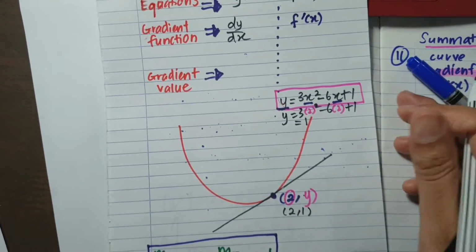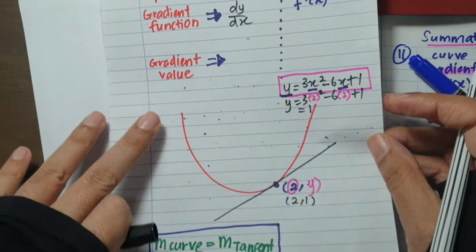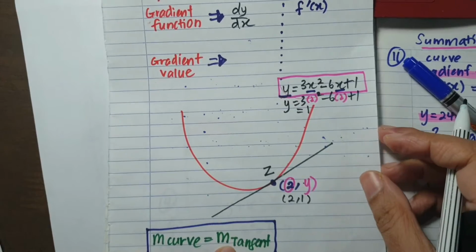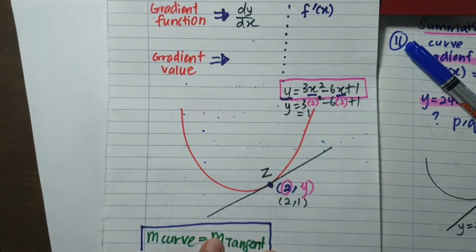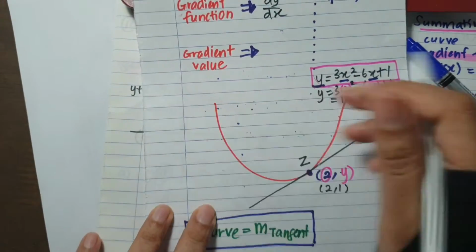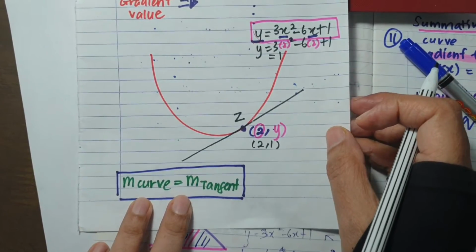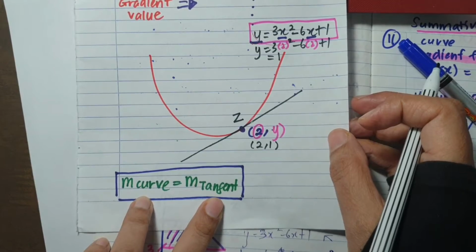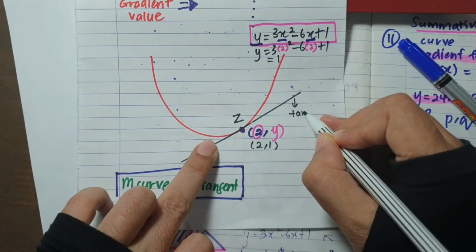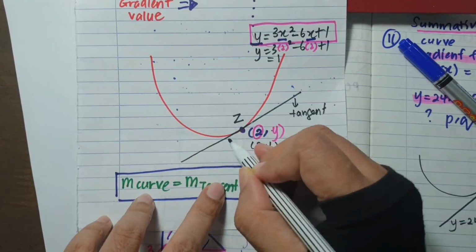Now next, how to find the gradient? Let's say this is point z. Let's find the gradient of the curve at point z. The gradient of the curve at point z is defined as the gradient of the tangent at point z. So this is a tangent to the curve. Why is it a tangent?